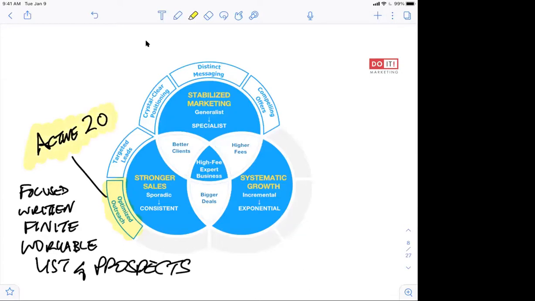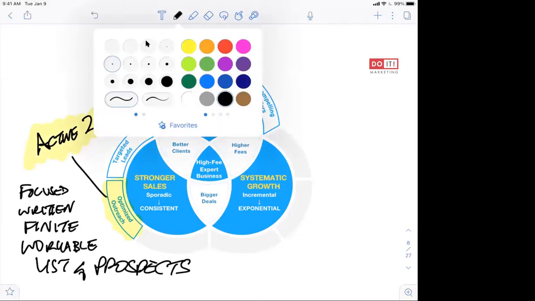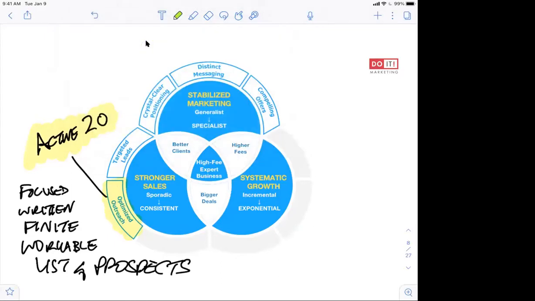It's exactly this focused, written, finite, workable list of prospects. So these are 20 executives, entrepreneurs, economic buyers, decision makers, call them what you want. They have real names, real faces, real phone numbers, real email addresses, real LinkedIn accounts. And how many of them are there? There are 20 of them that are active on your radar at any time.